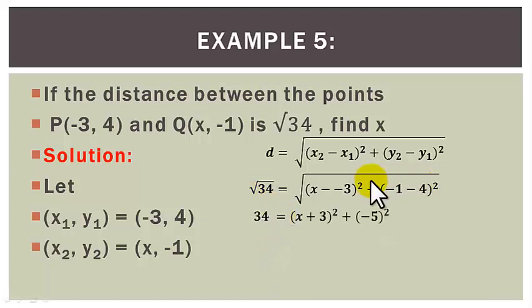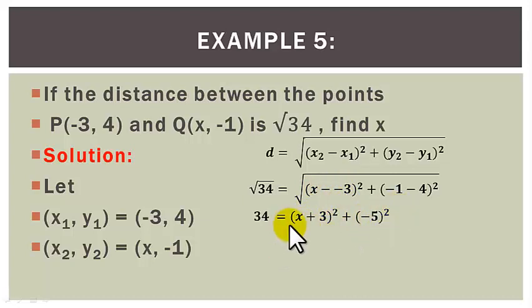When you square both sides of this equation, the square of the square root of 34 will be equal to 34, as the square root sign goes out on squaring. So therefore, this will give us (x plus 3) squared plus (minus 5) squared.